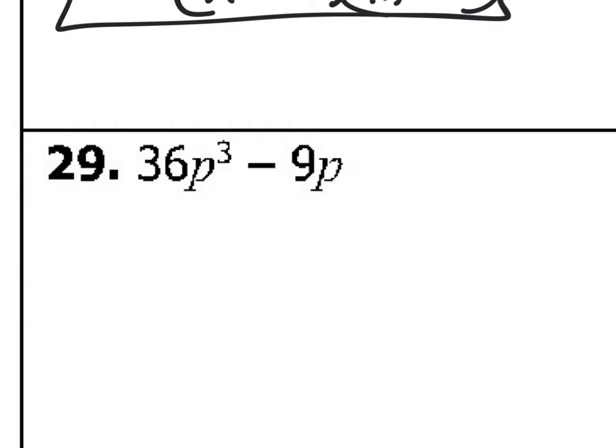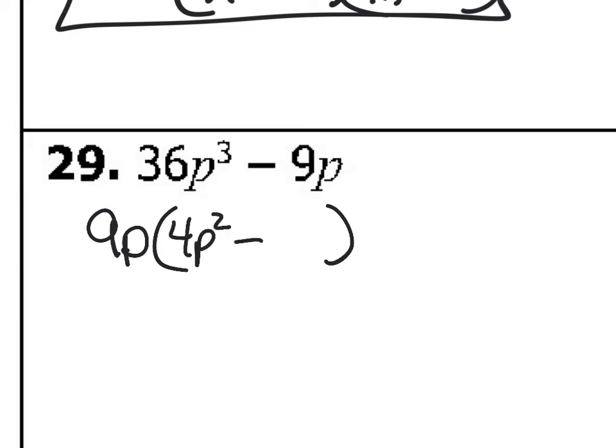36 and 9. Well, we know 9 will go into 36, so 9. And then p and p cubed. My smallest exponent's p to the 1. So now divide by 9p. So it would be 4p squared minus 1, since 9p will go into 9p one time, right? You say, well, wait a minute, what is that?